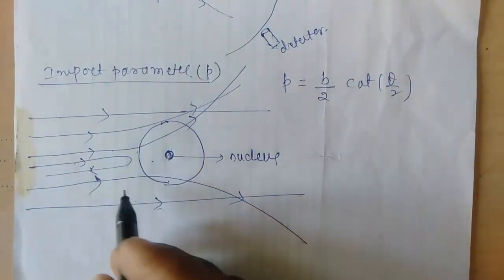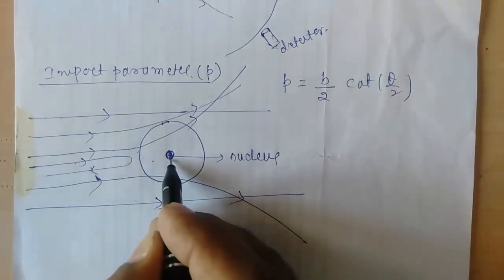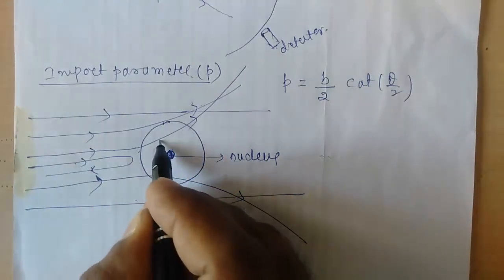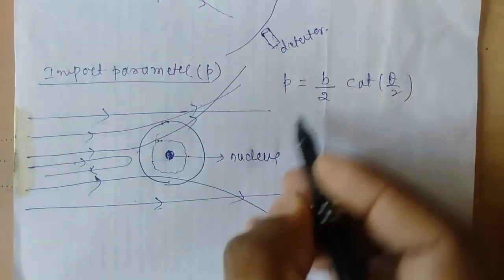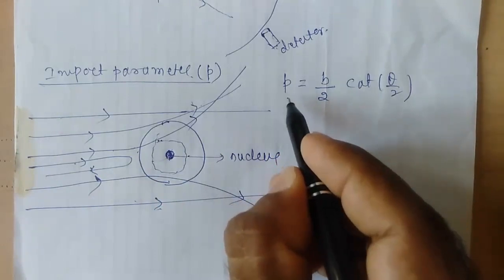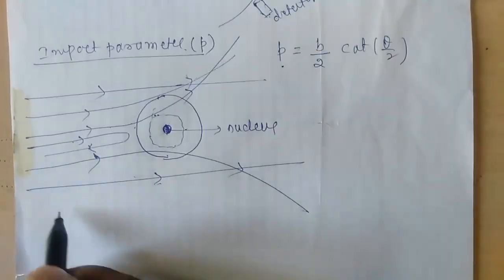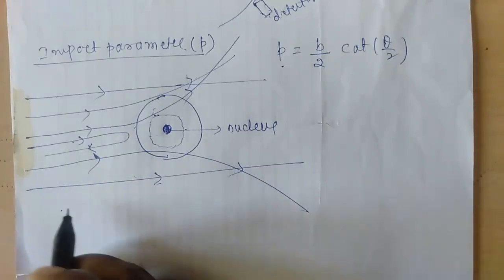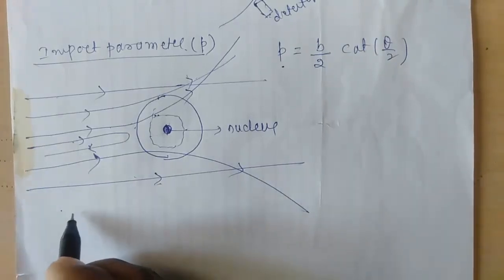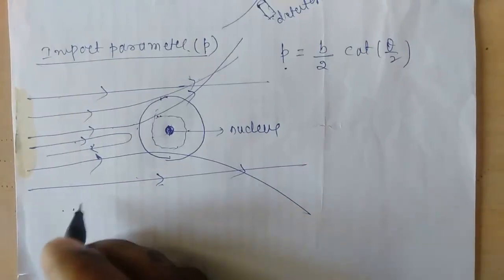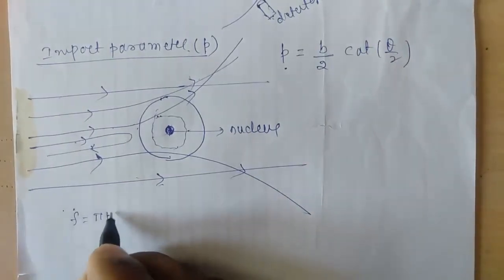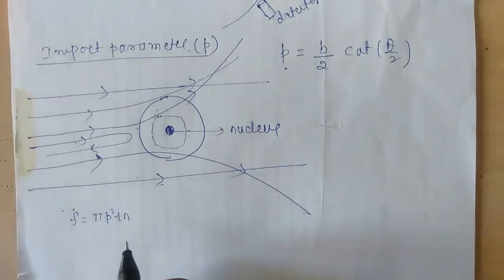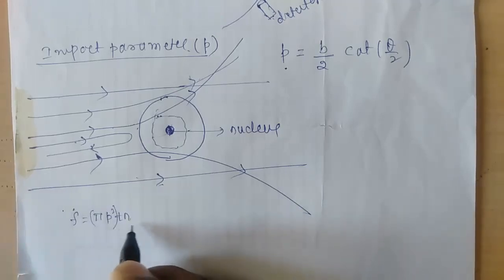So let us keep this nucleus as the center and consider a sphere of radius equal to the impact parameter, such that the probability or fraction of alpha particles getting deviated within this area can be written as f is equal to pi into p square into t into n.